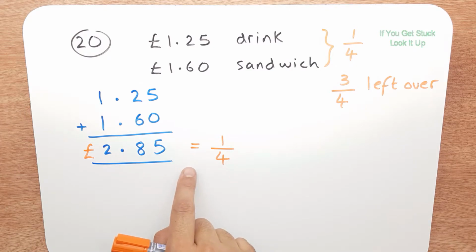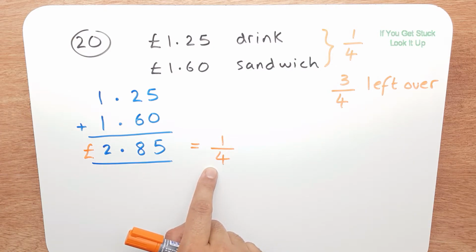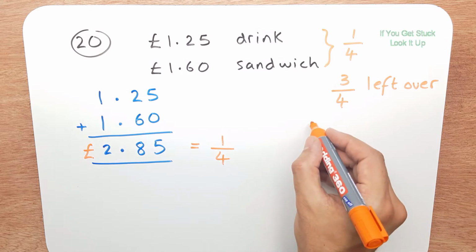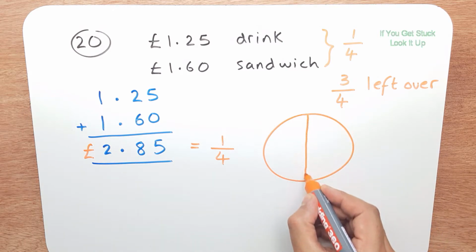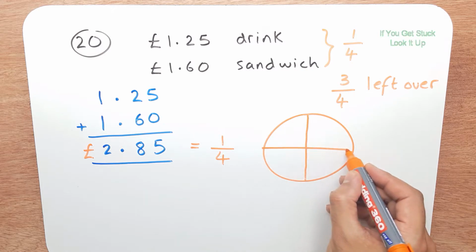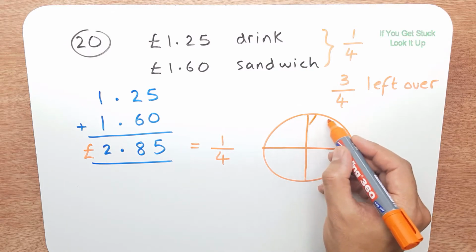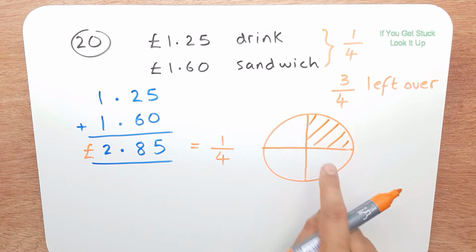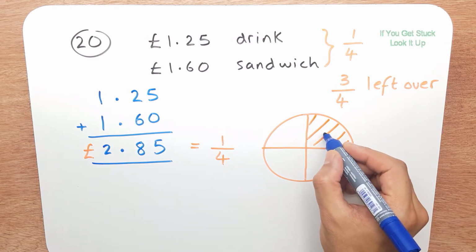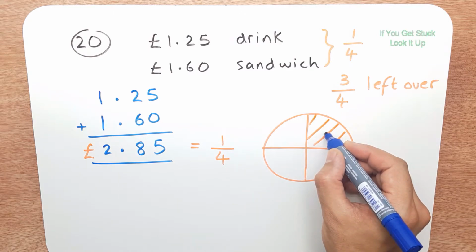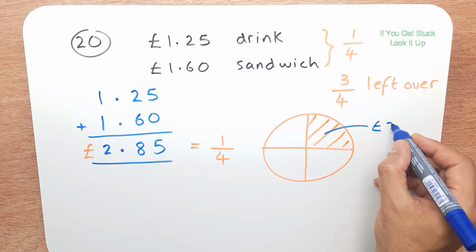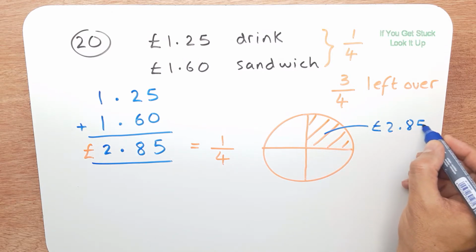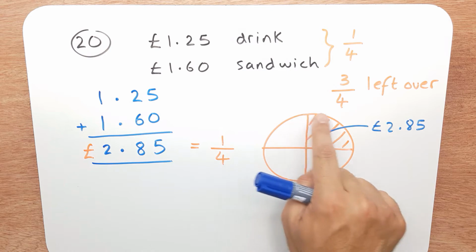Now we want to know how much money she started with. So try to picture this. Let's divide this into quarters. Lara has spent 1/4 of her money. And we know this quarter is £2.85. And we need to work out the total.